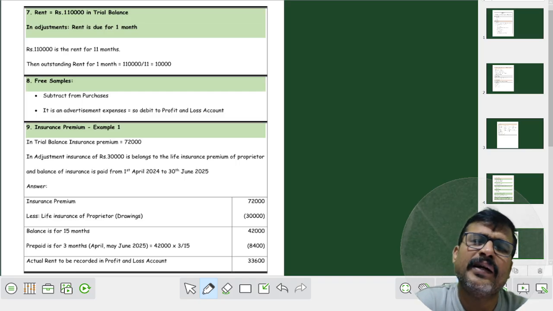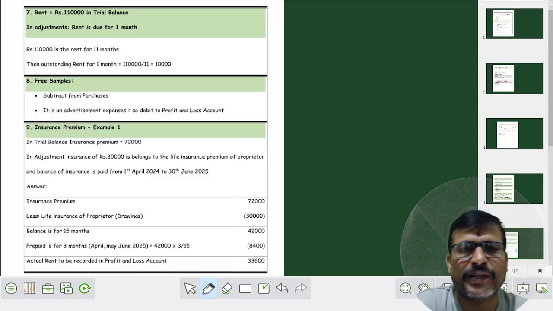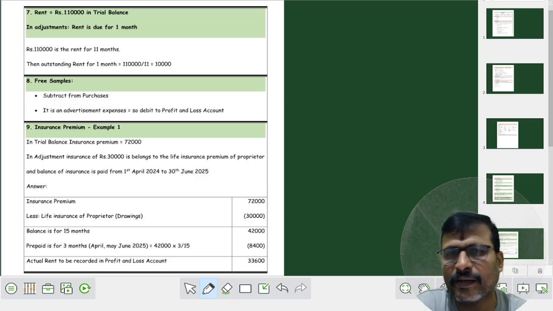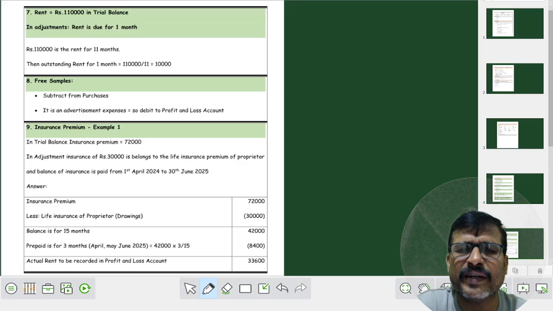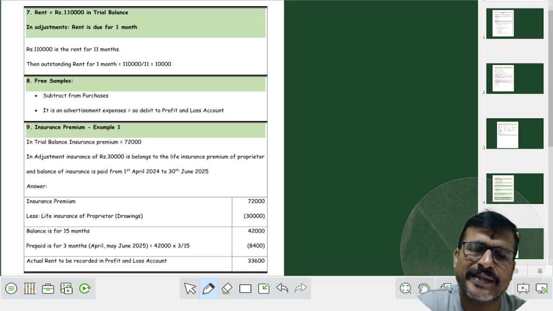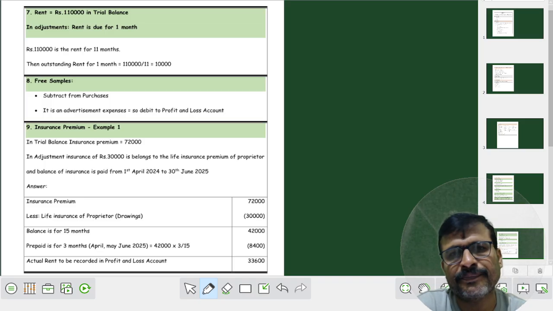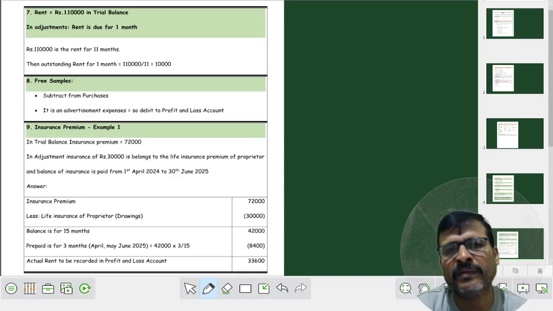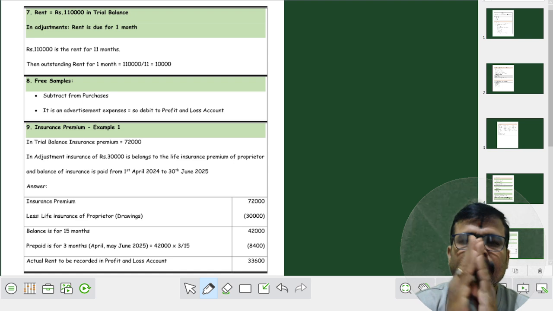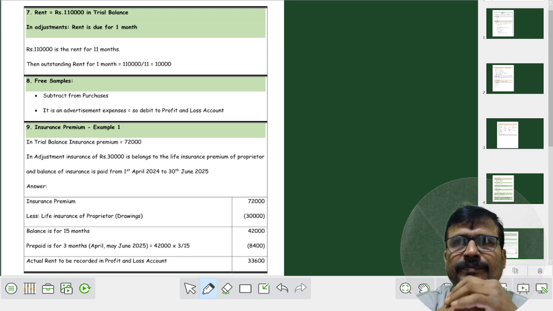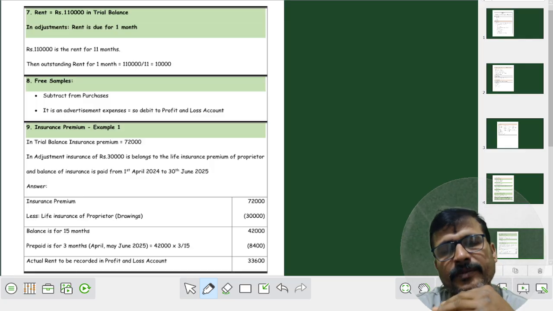We know very well that in the case of a non-manufacturing concern, the proprietor is not involved in any manufacturing activities. He is just a trader, maybe a wholesaler or a retailer. He buys the goods and sells those goods at some margin of profit.